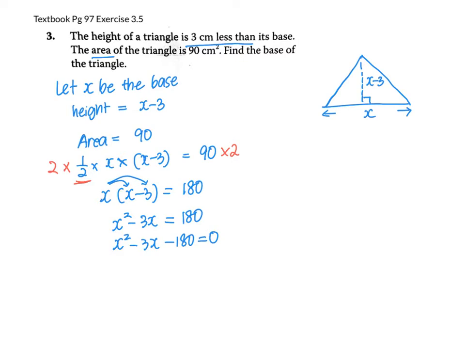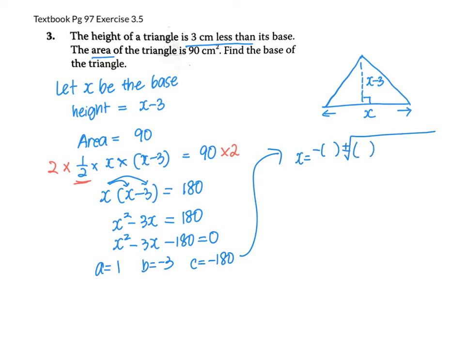We can use the quadratic formula in this case to help us find our solution. So we can use the quadratic formula. A will be equal to 1, B is equal to negative 3, C is equal to negative 180, and we will get x equals negative b plus minus square root of b squared minus 4ac over 2a.